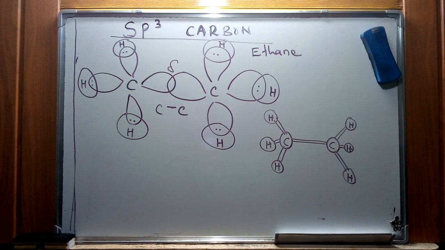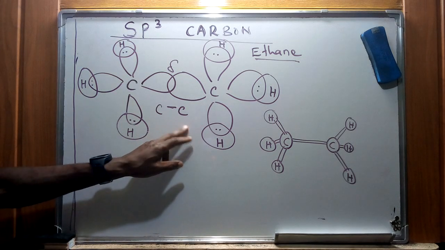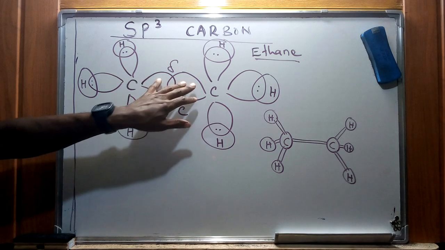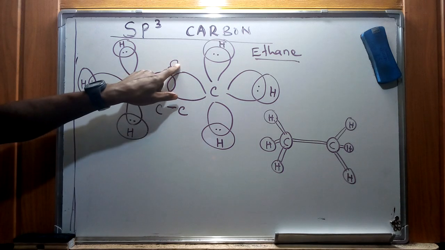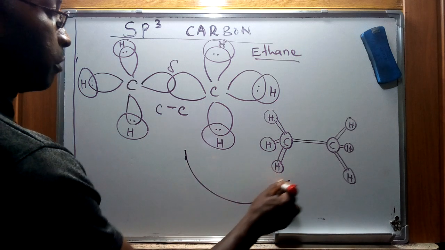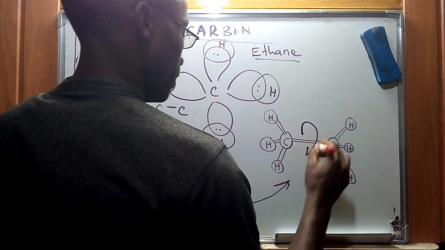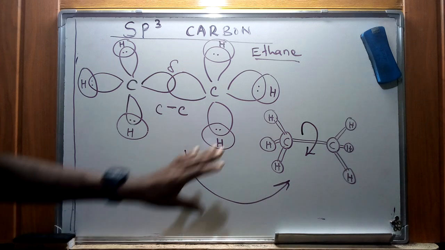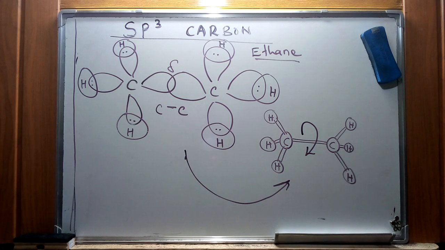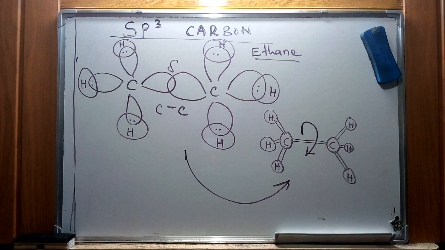Now, from this illustration of the ethane molecule, we're going to see that the interaction between the carbon and carbon bond is going to have an end-to-end overlap, which is going to produce a sigma bond. And therefore, from this particular case, we can illustrate this molecule using the ball and stick model, whereby we have said that there is a possibility of rotation which is going to be realized from this particular point. And in some cases where we were discussing the nomenclature of alkenes, especially for the double bonds, we had talked about the concept of cis and trans.